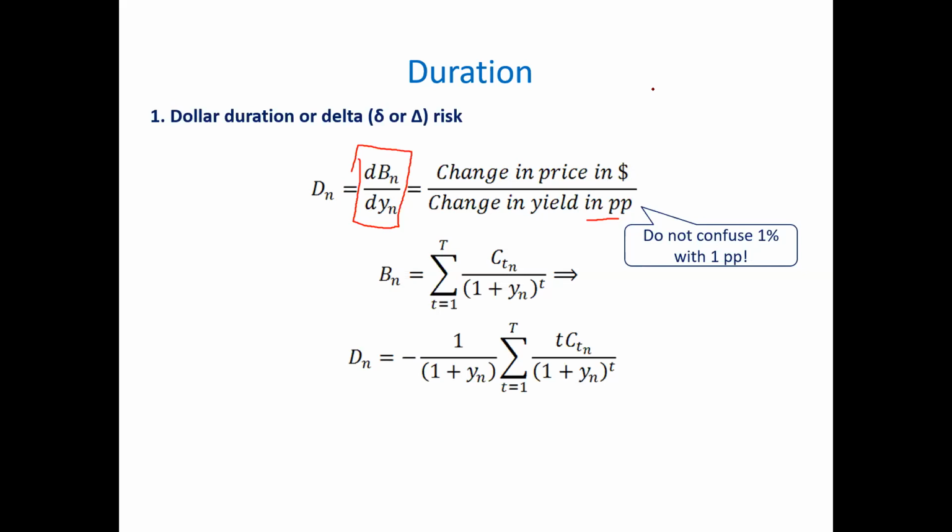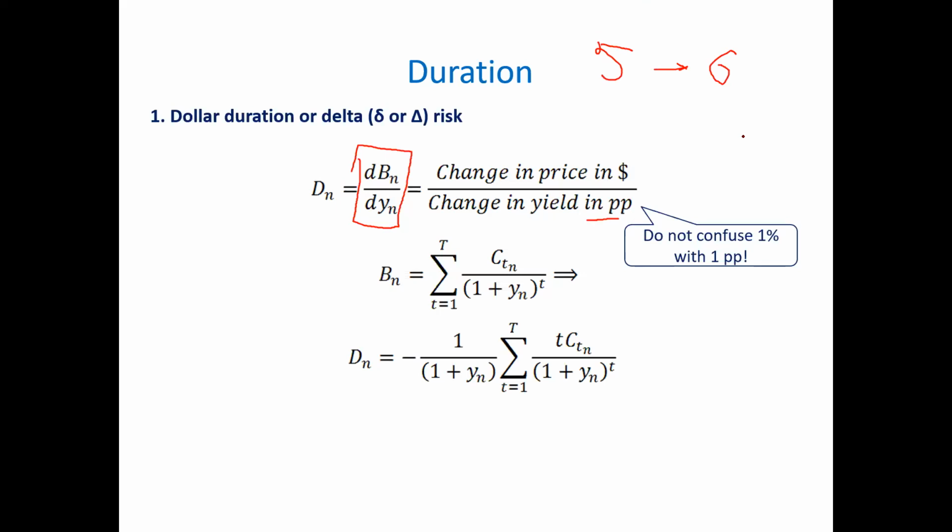So percent is its unit of measurement. Then what units should we use in order to indicate that this is an absolute change, not a relative change? So for example, from 5% to 6%. If we want to measure an absolute change, 6 minus 5 is equal to 1. So we say 1 percentage point. This is an absolute change. It is measured in percentage points.